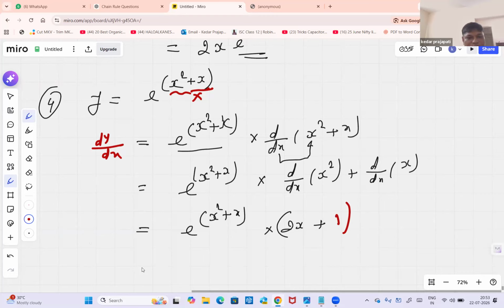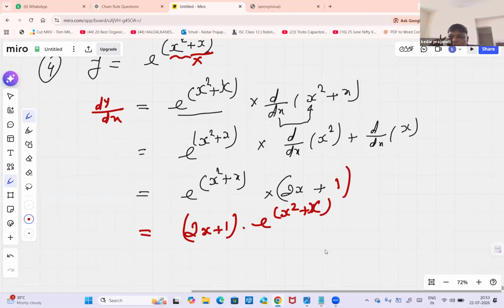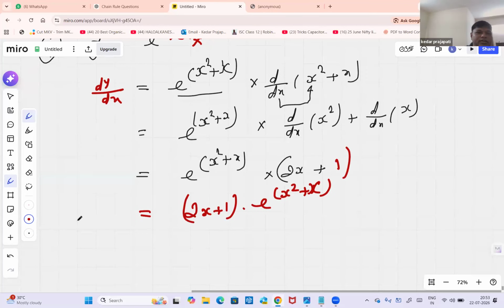So our answer is 2x plus 1 into e to the power x square plus x. Understood? Yes, sir.